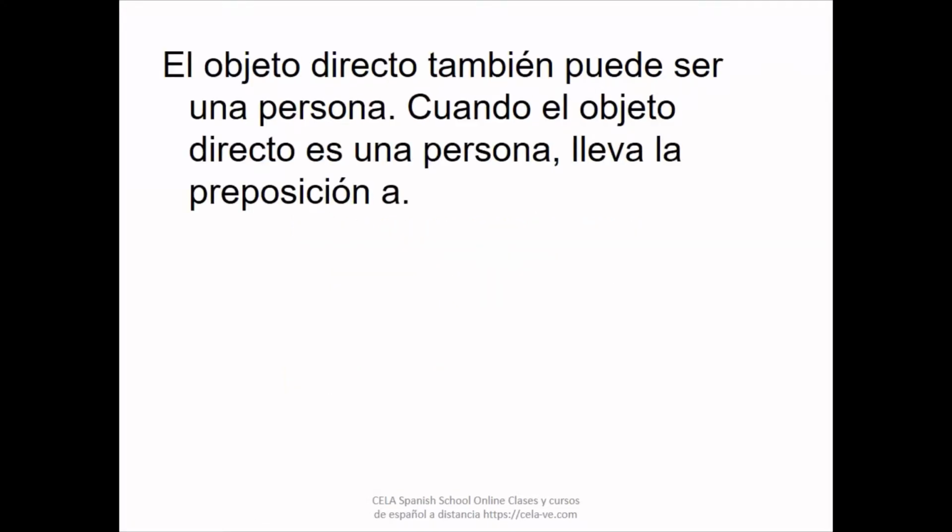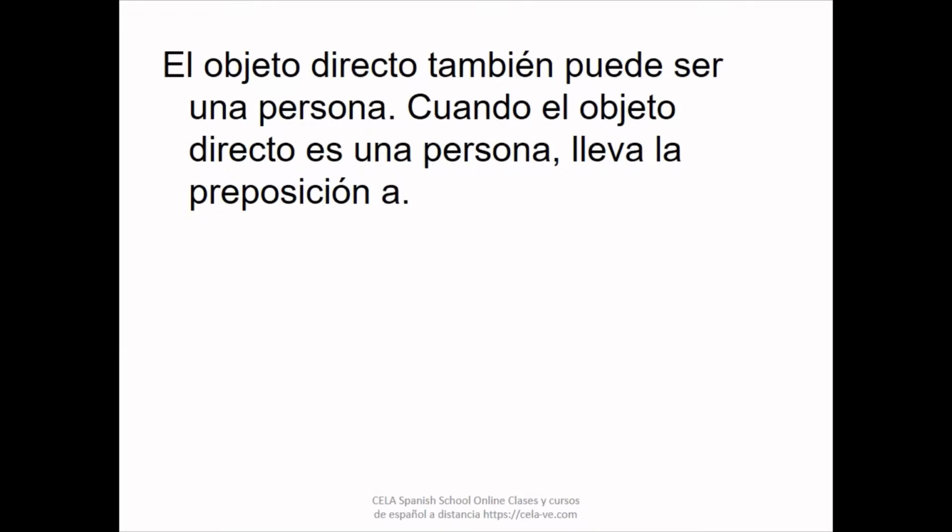The direct object can also be a person. When a person is not the subject of a sentence, this is not doing the action, it always has the preposition a in front in Spanish, whether it is a direct object or an indirect object.